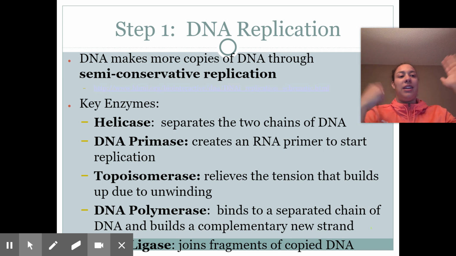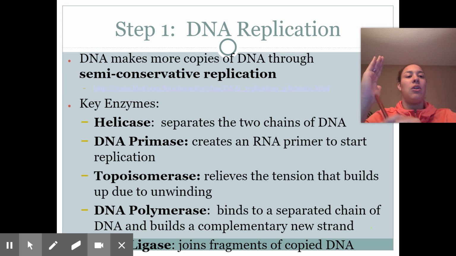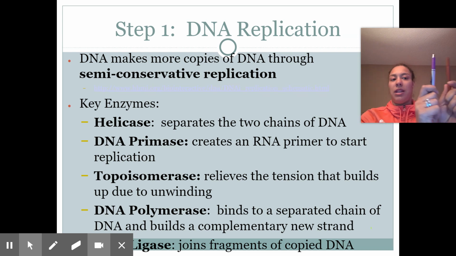And then on the other side, here's my original parent, and then a new strand is going to form based off of those DNA bases and pair them up. So that's semi-conservative when there's an original template strand with a new one. It's not just new or original parents over here and new template strands over here. It's always going to be one new and one old next to each other.